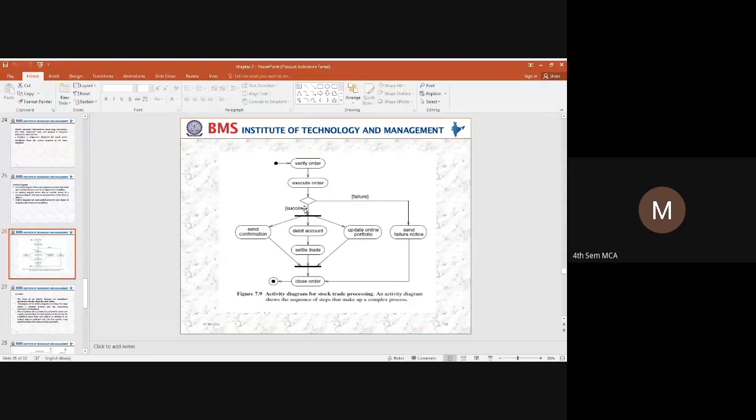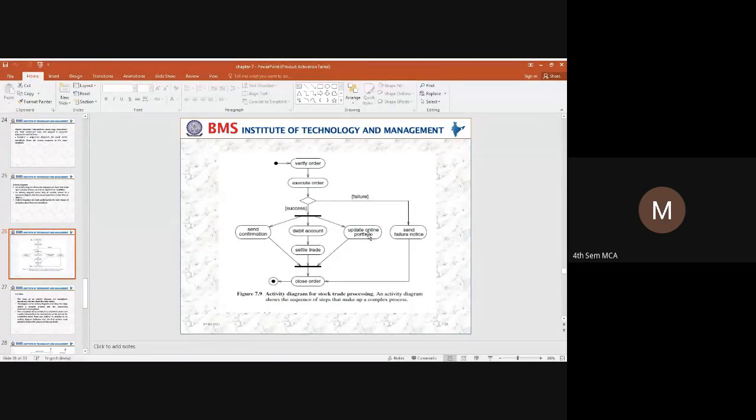If it is a success, the process will be broken into three different processes: send the confirmation, debit the account, and update the portfolio. That means if the execution of order is successful, it will ask for the confirmation of the purchase of stock. Once the confirmation is given, it will debit the amount from the customer, and update the online portfolio.